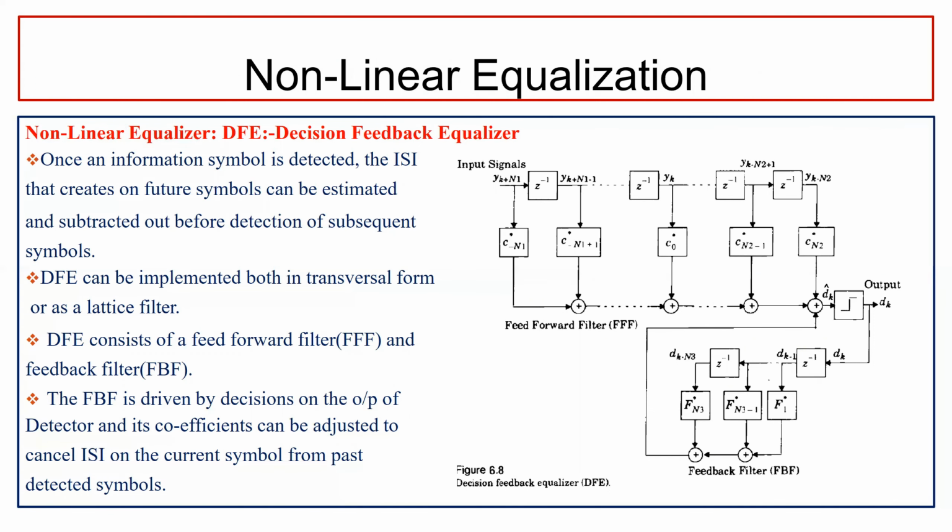The decision feedback equalizer consists of a feed forward filter and a feedback filter. The feedback filter is driven by decisions on the output of the detector, and its coefficients can be adjusted to cancel ISI on the current symbol from past detected symbols. The diagram shows the feed forward filter, which has N1 plus N2 plus 1 taps, and N3 taps in the feedback filter.